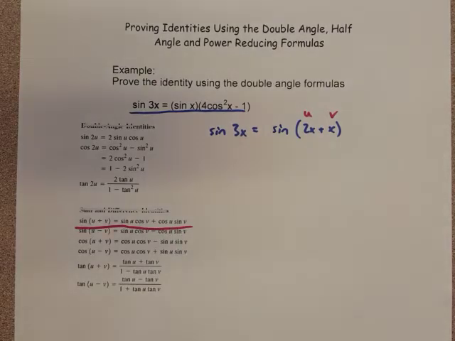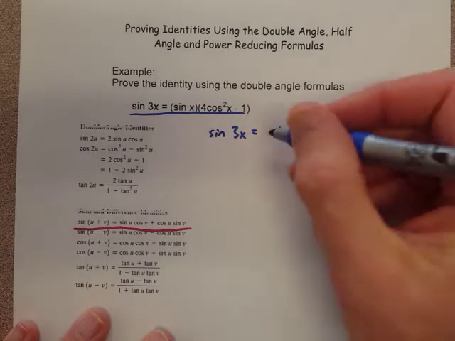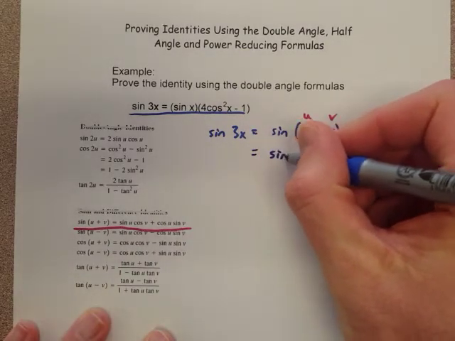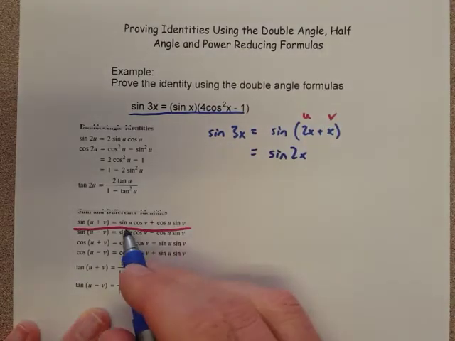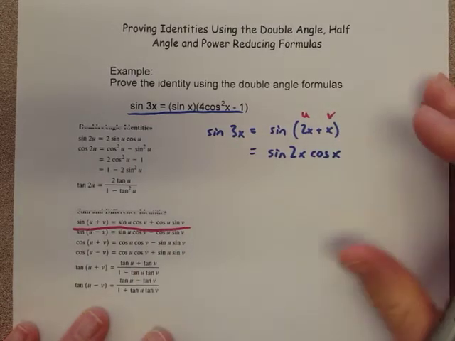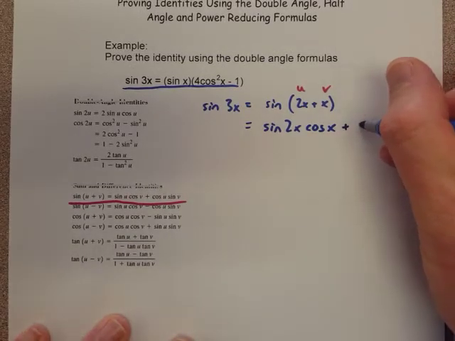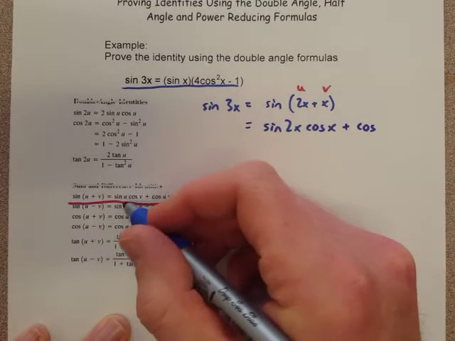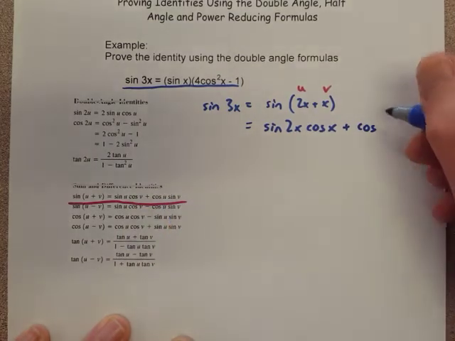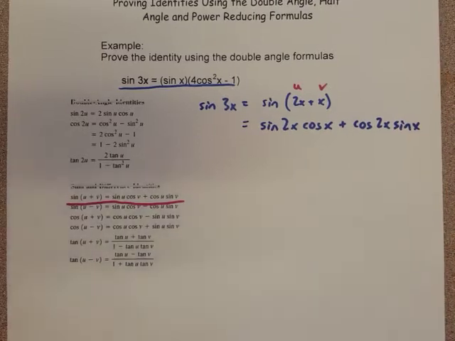So when we do that, we're going to have the sine of u, so that's going to be sine 2x, cosine v, so that's cosine of just plain x. And then we're going to add to that the cosine of u, cosine of 2x, and then sine of x.